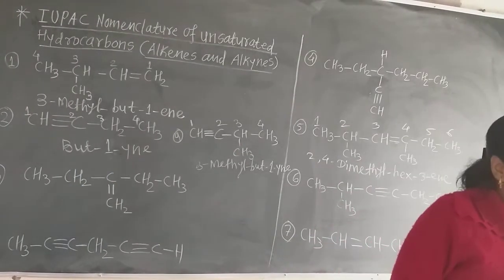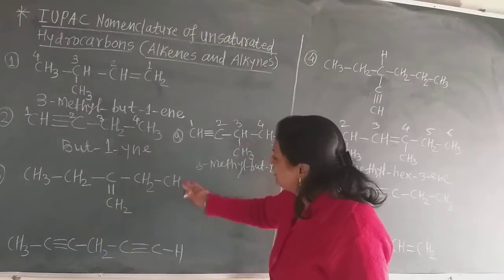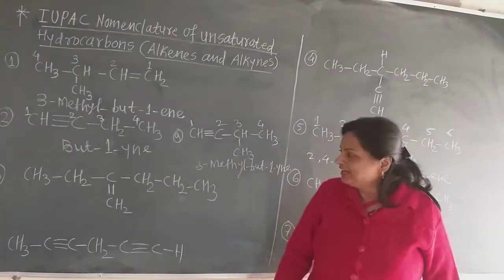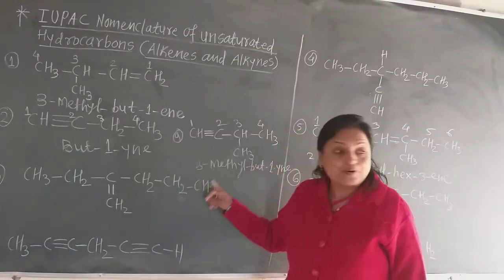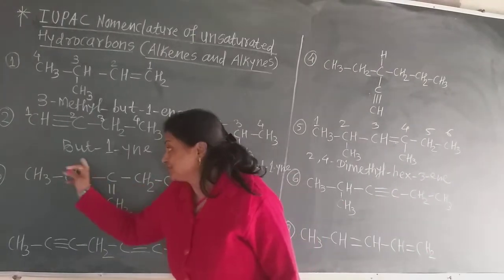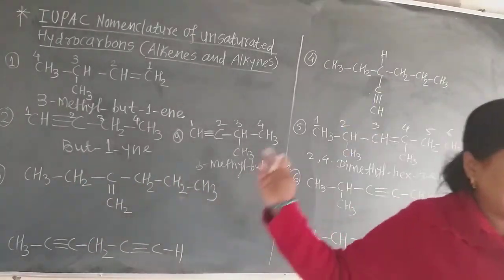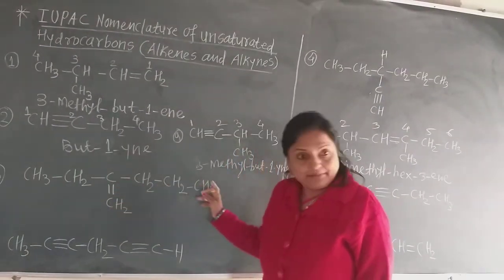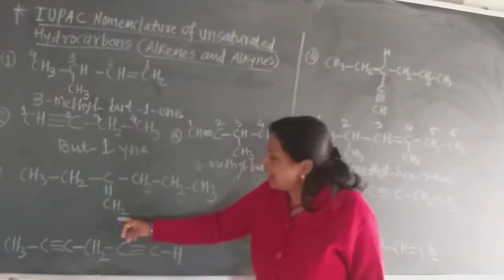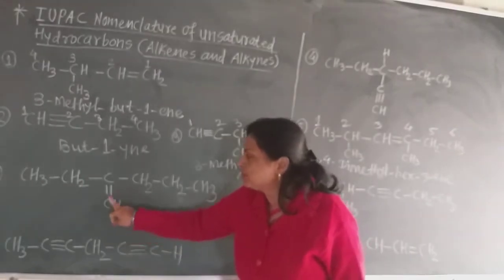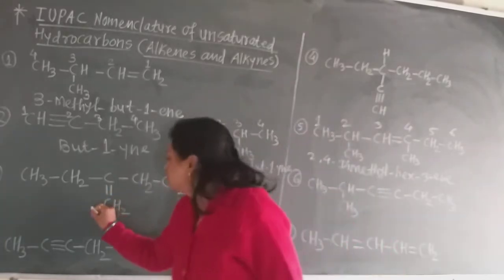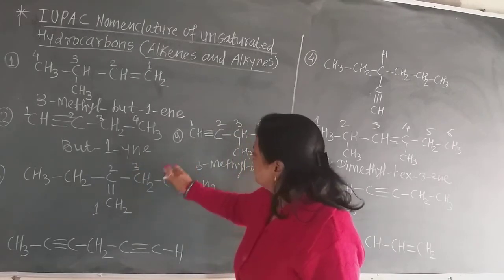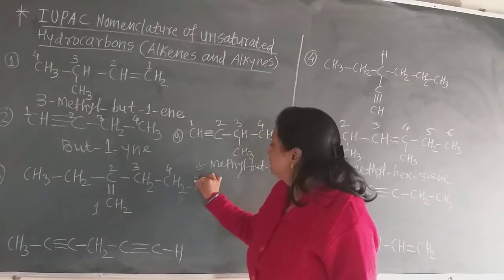But if there is another CH2, CH3 group, suppose, then we have to select 1, 2, 3, 4, 5, and this will be our substituent. Always select the chain which must contain the double bond or triple bond. So I give the numbering from this side because the double bond is nearest here. So suppose this is 1, 2, 3, 4, sorry 4, and this will give you 5, suppose.